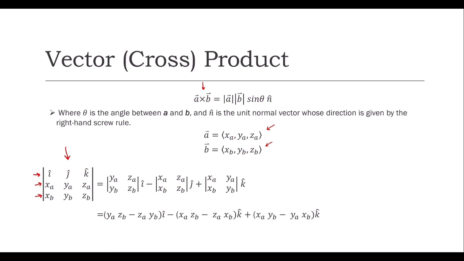So for example, if A was equal to 3, 2, 1, and B was equal to 1, 2, 1, then we could do our cross product by doing the determinant of I, J, K, and then we'll have our A row, 3, 2, 1, and then our B row, 1, 2, 1.